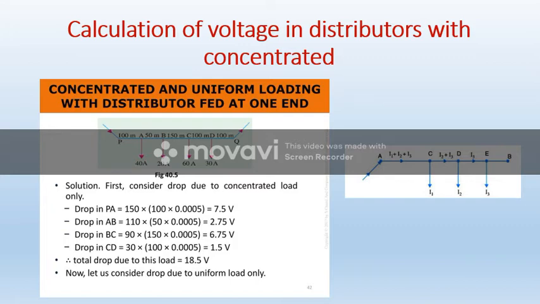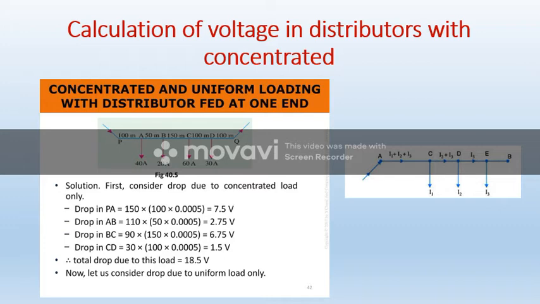First diagram solution. First consider drop due to concentrated load only. Drop in PA equals 150 into 100 into 0.005 equals 7.5 volt. Drop in AB equals 110 into 50 into 0.005 equals 2.75 volt.